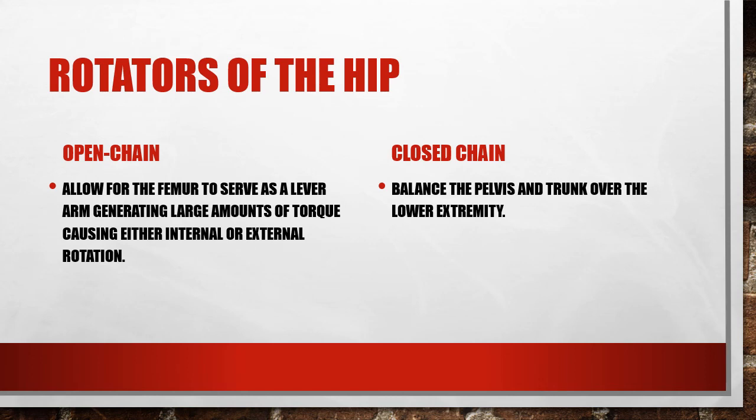In a closed chain rotation of the hip, it helps you in balancing the pelvis and trunk over the lower extremity, rotating. A lot of patients I see have rotation of the pelvis in response to an injury to the back, and they try to compensate. And so they literally have a thoracic rotation, a pelvic rotation on the z-axis.